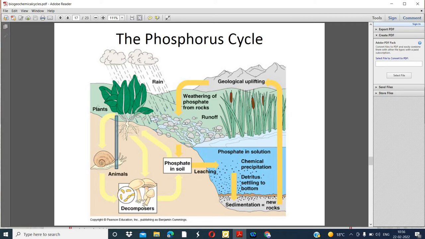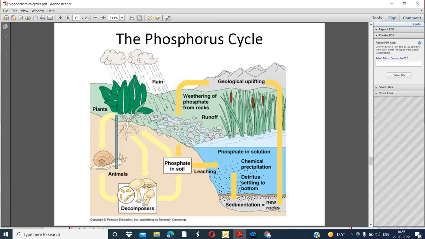There is one process that is called geological uplifting. It can become available because cycling is done. Aquatic animals use the phosphorus from the sea bottom, and it can come to the upper layer due to the weathering process and different processes that take place in the environment. And there is rainfall also.